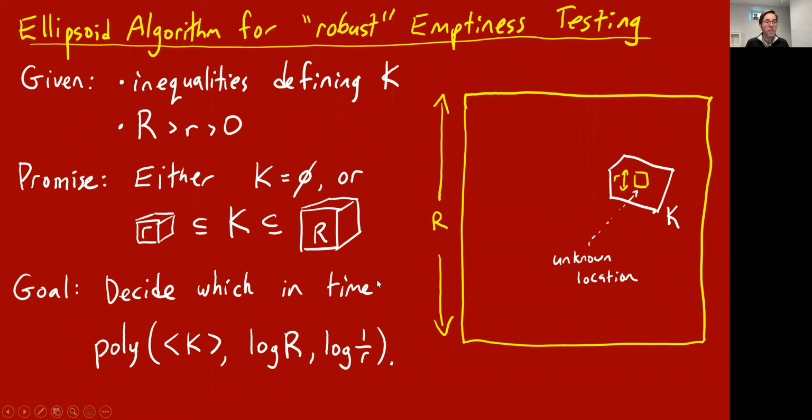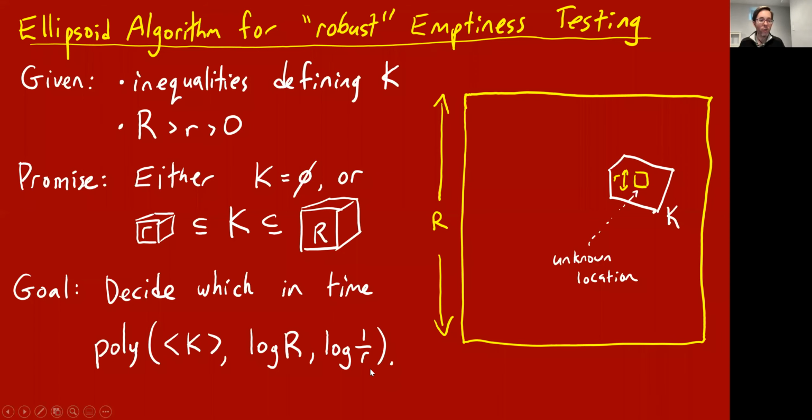Okay, and the running time of the algorithm should be polynomial in the input size of K, the number of bits it needs to write down all the inequalities. But it should also run in time polynomial in the logarithm of capital R and the logarithm of 1 over little r. Or to put it another way, it should run in time polynomial in the number of bits needed to write down big R and the number of bits needed to write down little r.